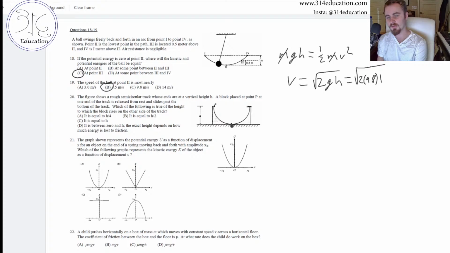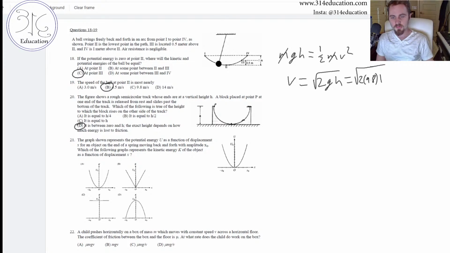We've still got a lot of energy at the bottom here. This is kinetic energy. So we can get some height above 0, and it can go up to h. But we really don't know because it depends on how much energy the friction took out. How much work the friction did. Energy lost to friction, that's going to be option D. Cool, looks good.